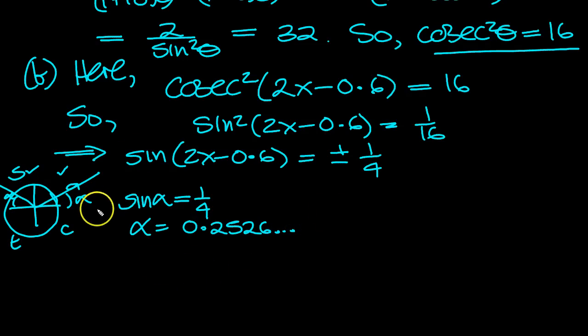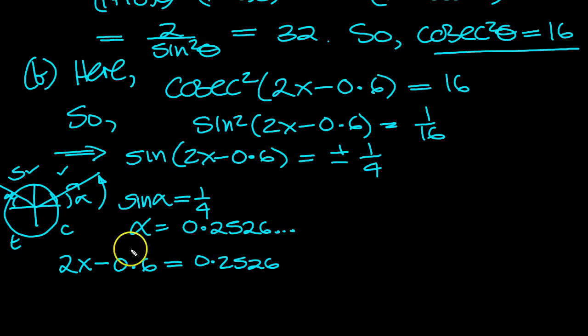Okay, there's alpha. So our first solution for 2x minus 0.6 is equal to, round to here, 0.2526. Our second solution will be round to here. So I'm going to put a brace on here for the two solutions. So it's round to here, pi minus 0.2526. So that tells us, move the 0.6 over.